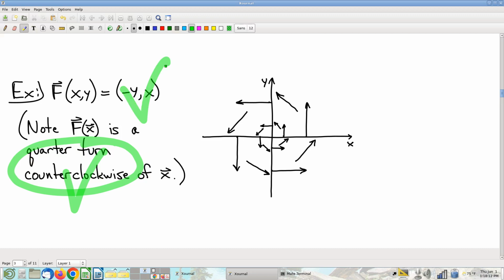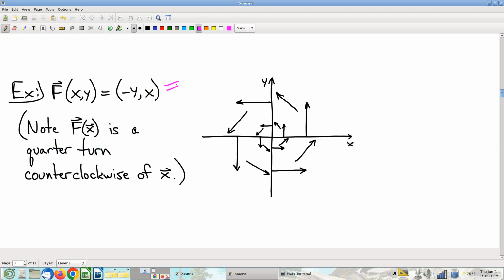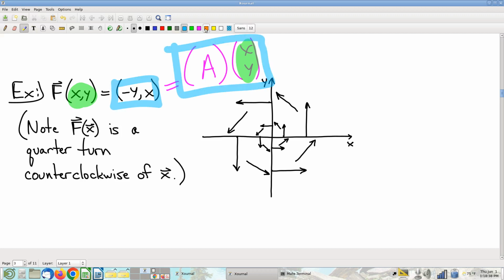And so this is a good exercise. I think everybody should take a whack at it. Let me write this down just a little bit. What I am saying here is that this negative y comma x is equal to a particular matrix A times xy. Said differently, for a given input point, xy, the field vector is a counterclockwise quarter turn of the original position vector.